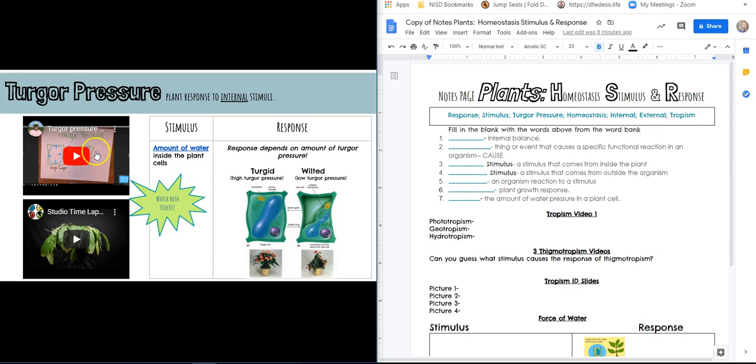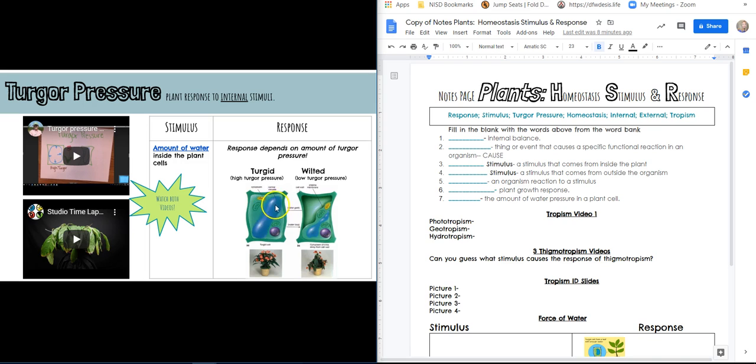On this slide, you're going to watch this video. In this video, it's about turgor pressure. The stimulus in turgor pressure is the amount of water that's inside the cells of plants. The response is the cell structure and the plant structure based on the stimulus of the amount of water pressure.